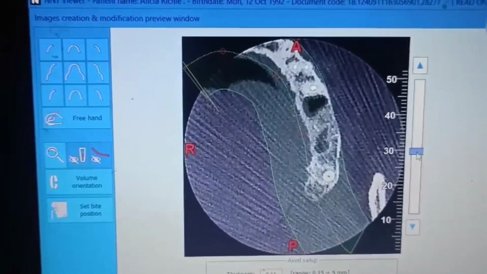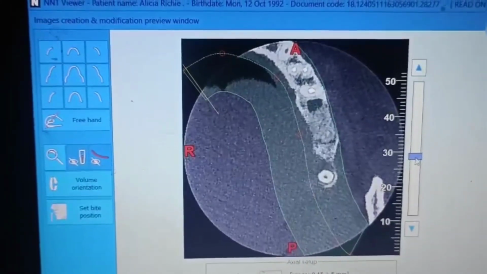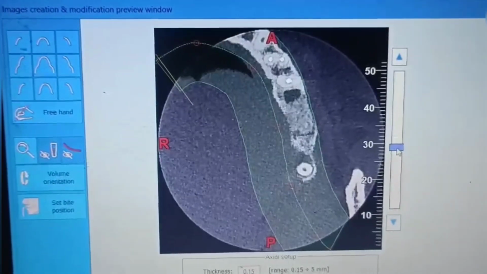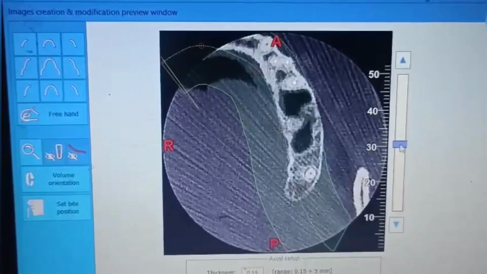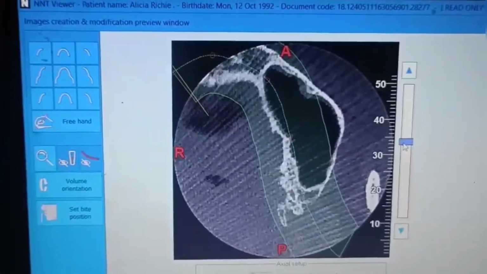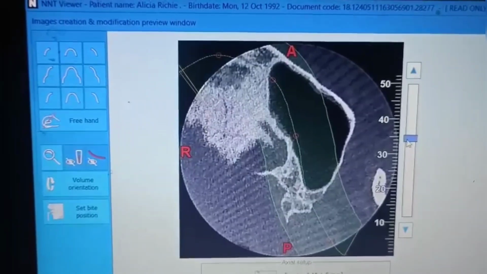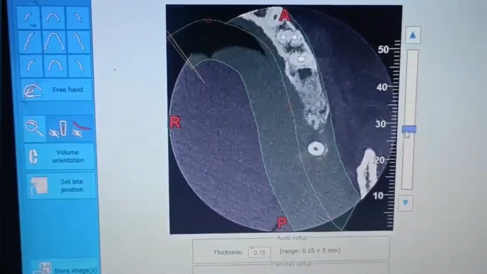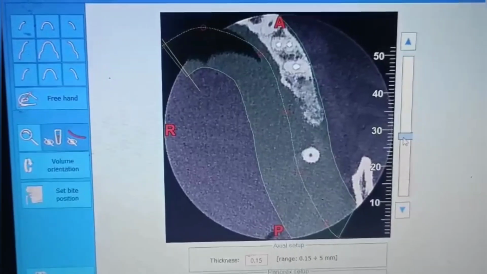See, as you go further, this is the crestal area itself. You can start seeing the sinus floor next to the premolar. And if you go further, you can see it is coalescing and becoming a big cavity. This is the bigger sinus. So this is how CBCT is read in this software. It's a nice software and a handy one too.